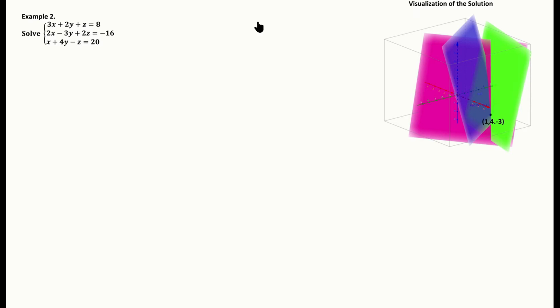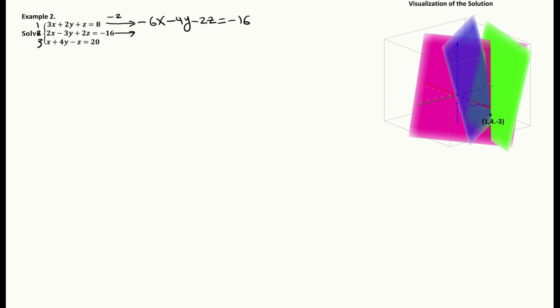And in order to eliminate z from the first two, we're just going to multiply the top equation, which let me go ahead and call them equations 1, 2, and 3 again. We'll multiply equation 1 by -2, and we get -6x minus 4y minus 2z equals -16.